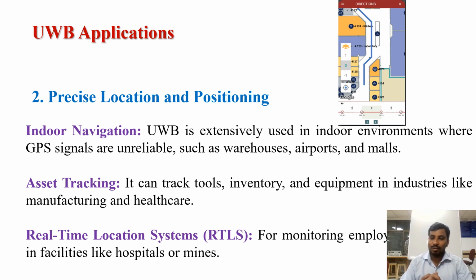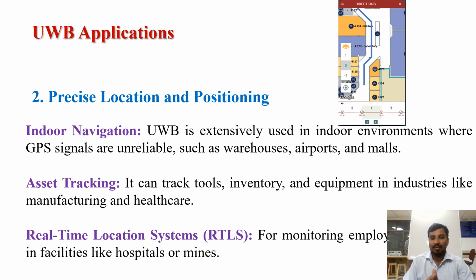Next application is precise location positioning. We may look at indoor navigation, where UWB is extensively used in indoor environments where GPS signals are unreliable, such as warehouses, airports, and malls. The next one is asset tracking, in industry sites, where people may want to count the number of equipment, tools, or inventory, and also in healthcare centers.